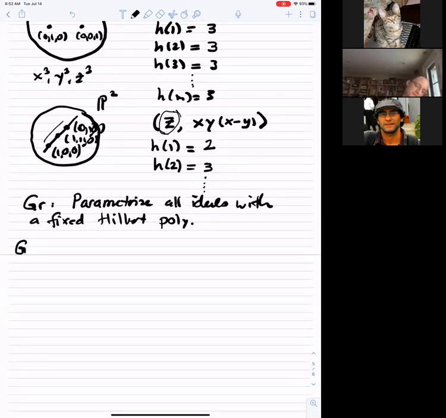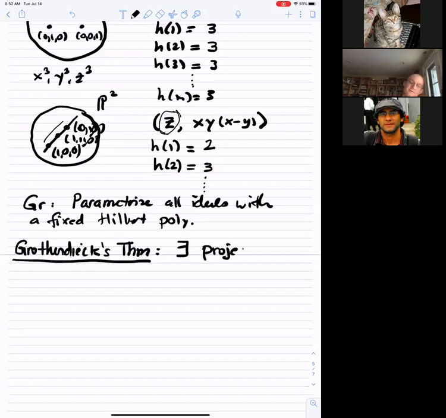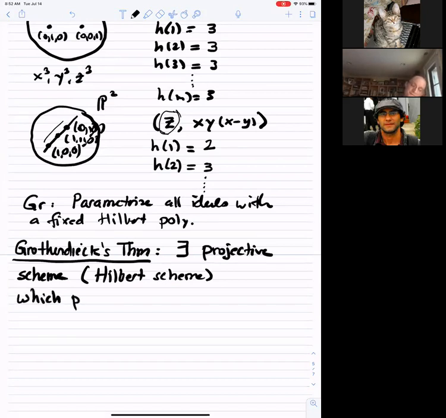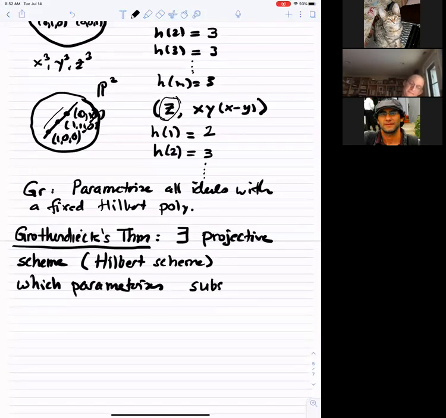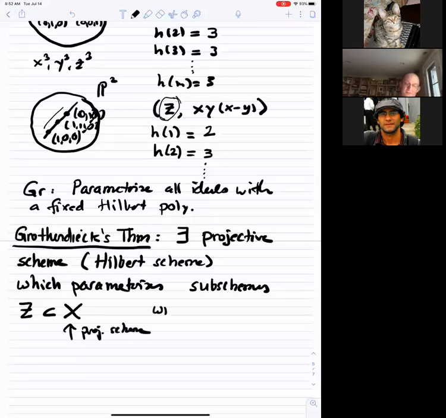Grothendieck's theorem says that there exists a projective scheme, which is called the Hilbert scheme, which parameterizes subschemes Z of our projective scheme X with a fixed Hilbert polynomial.